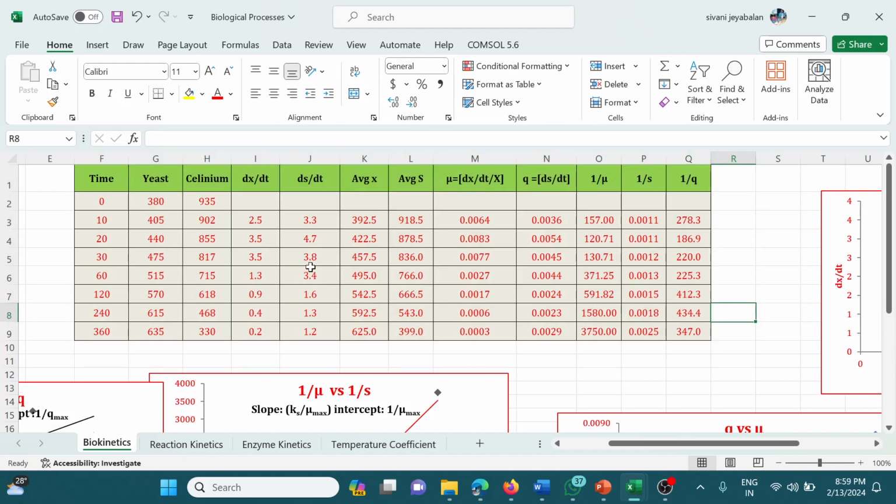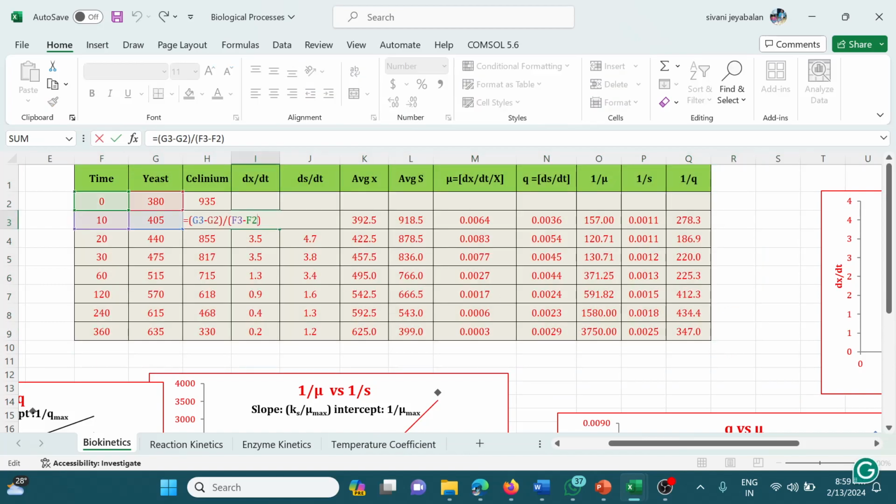See, dx by dt, how you will be finding it, is your change in yeast concentration with respect to time. The last problem I explained, right? Did you listen to it? Here, with respect to time, how your yeast concentration is varying, you have to calculate in this column.